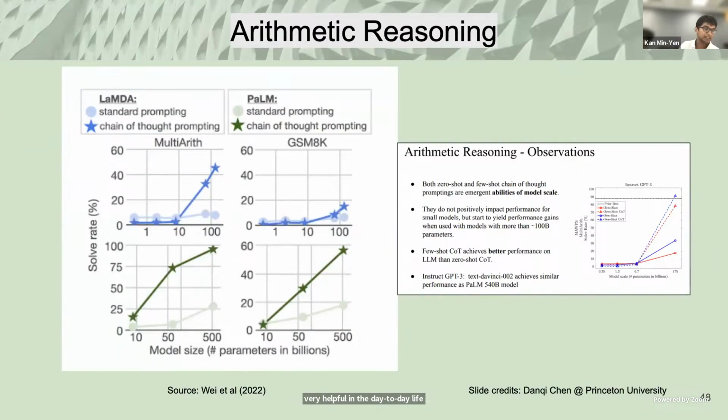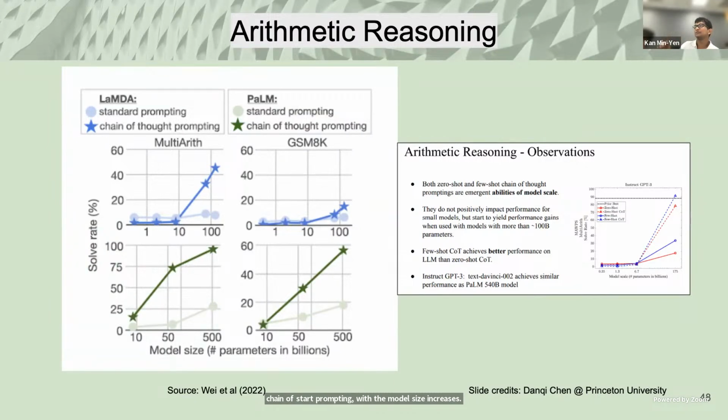And in the paper where chain of thought prompting was introduced, they listed their observations in three categories: arithmetic reasoning, symbolic reasoning, and common sense reasoning. If you take a look at the chart, with standard prompting, when you scale the model size, the performance seems to be a very flat curve. But with chain of thought prompting, as the model size increases, the performance increases substantially.